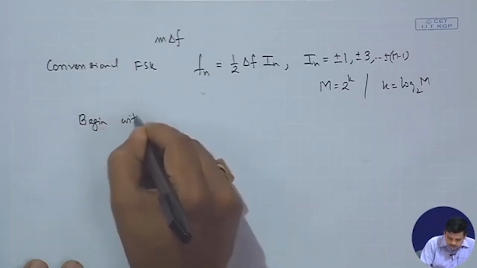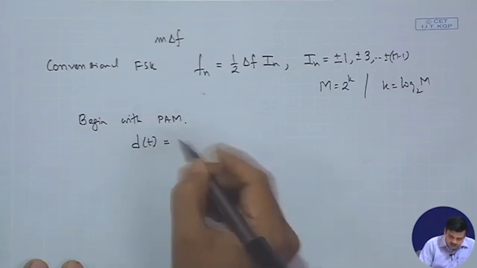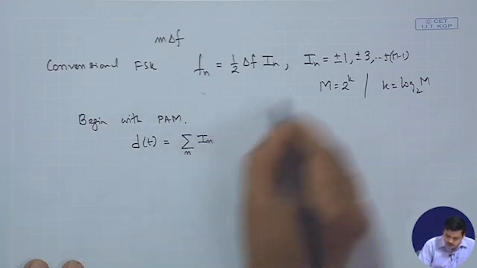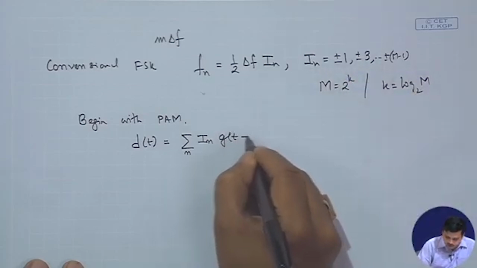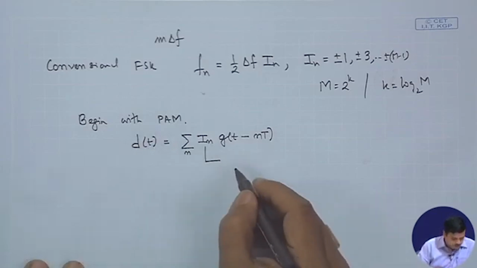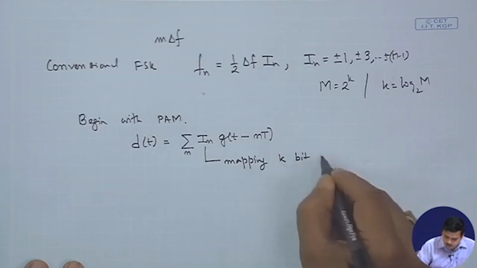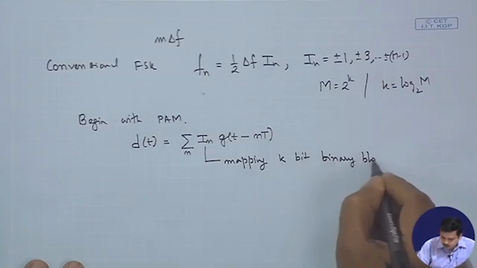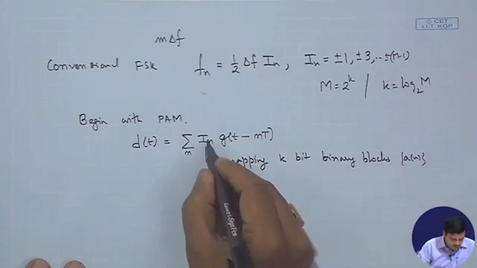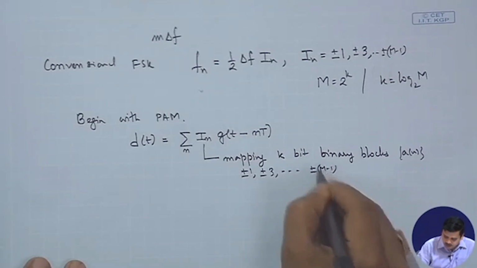So, you begin with the PAM signal, where you could write the data bearing signal as the sum of I_n, which are amplitudes, times g(t minus nT). This is your data, and it is obtained by mapping the k-bit binary blocks from the input sequence a_n, let there be an input binary sequence a_n, such that the levels that you get are plus minus 1, plus minus 3 up to plus minus (M minus 1) typically.